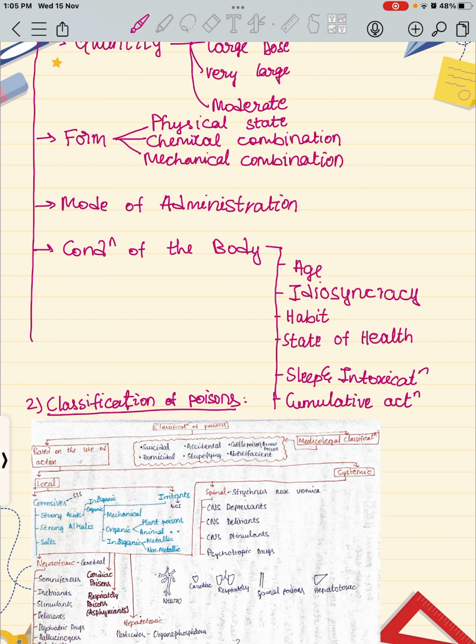Cumulative action. Poisons which are eliminated slowly may accumulate when given in repeated doses for a long time and may ultimately produce symptoms of poisoning.